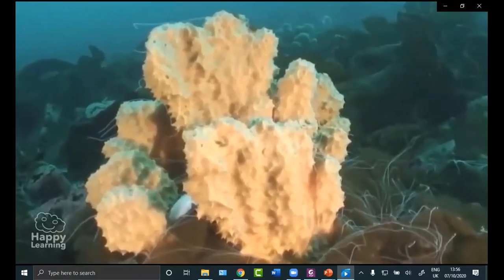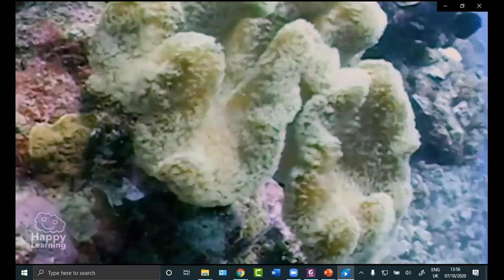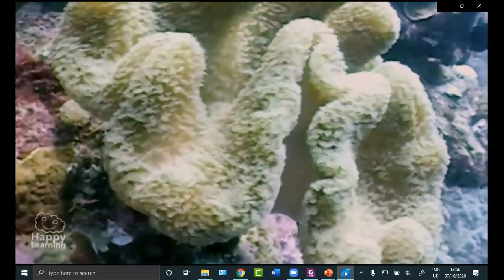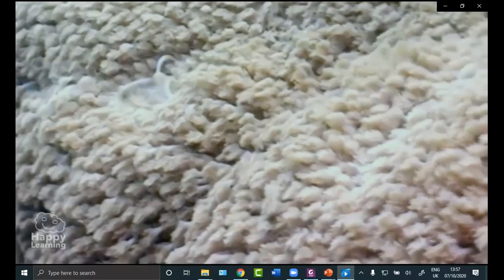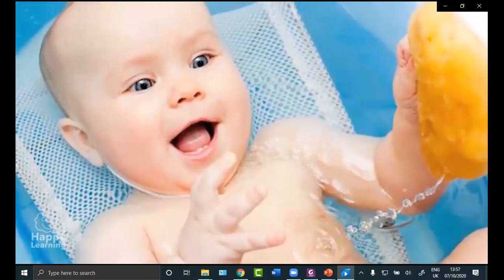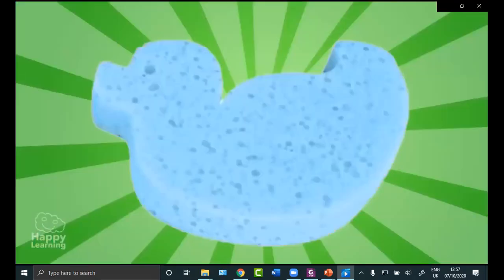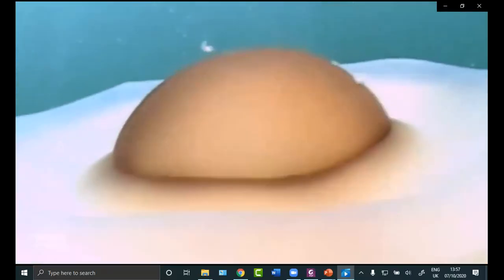The sponges are aquatic animals that are sac-shaped and the body is full of pores. It is very easy to remember this group because many times we use them in the shower for our personal hygiene. Yes, many of the sponges we use in the shower are invertebrate animals. The jellyfish are invertebrate animals that live in the ocean.